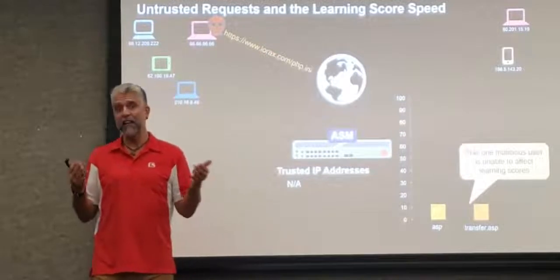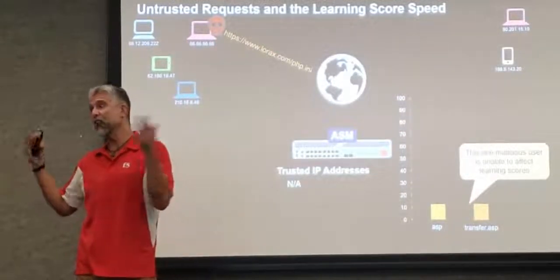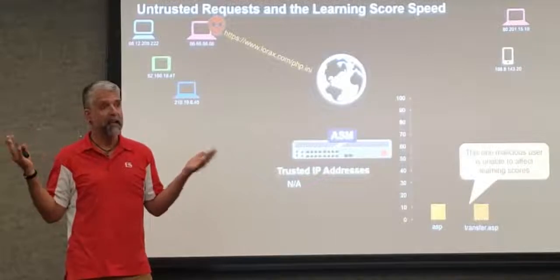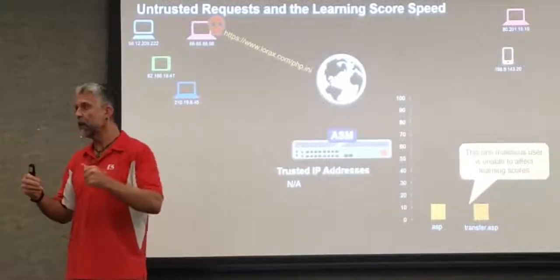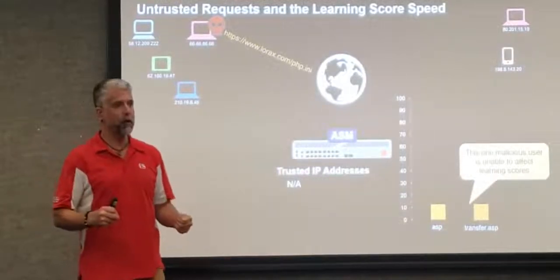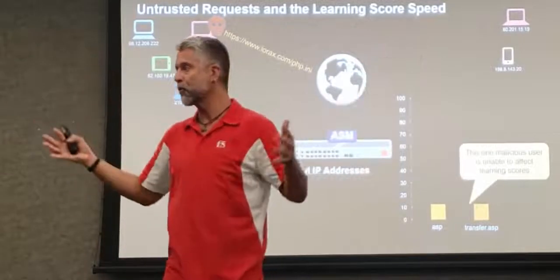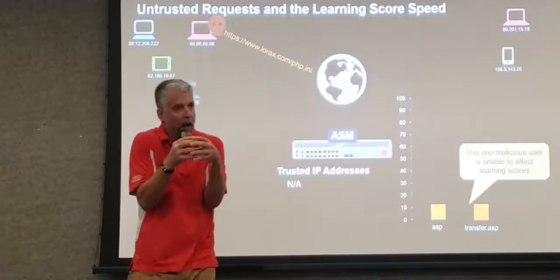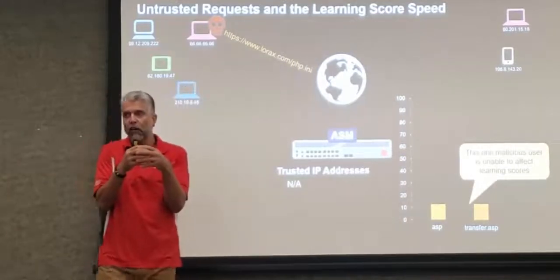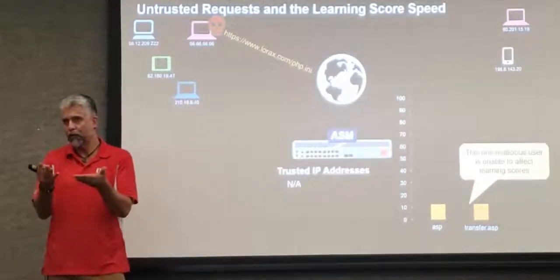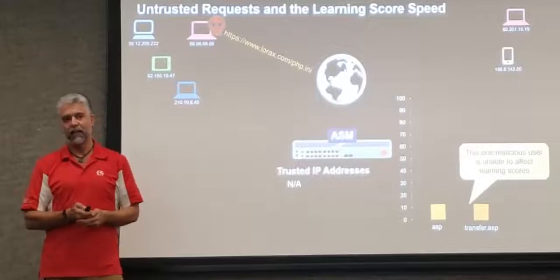So even if they wait for 7 days, the fact that they initially requested 7 days ago is kind of gone. php.ini must be requested from lots of different users in lots of different computers in a short window of time before we start looking at learning score creation and increase.